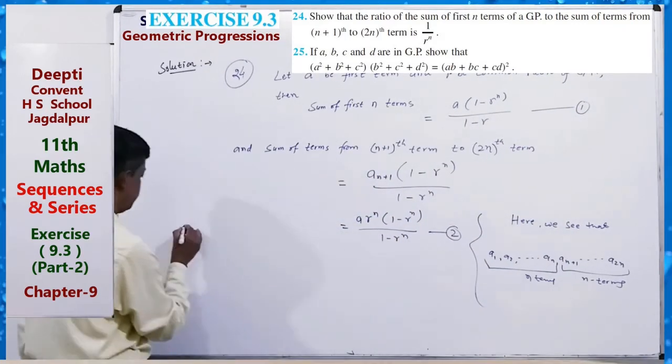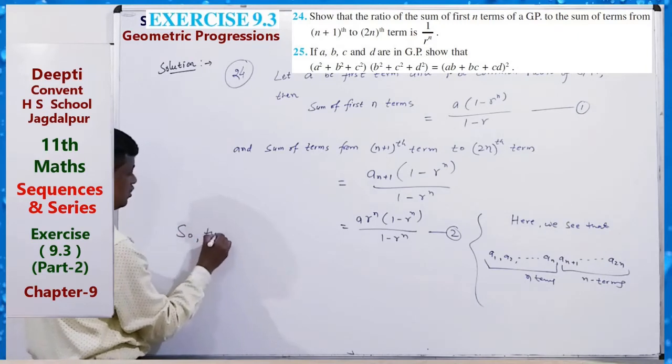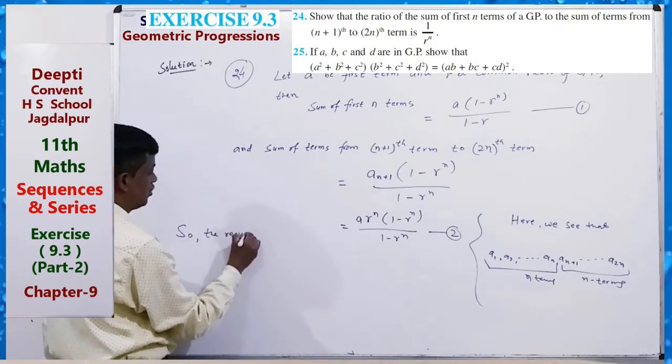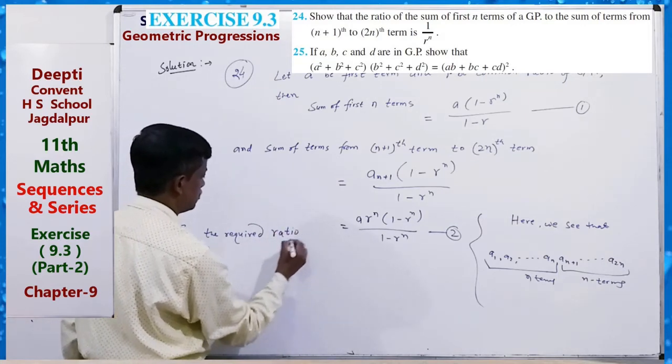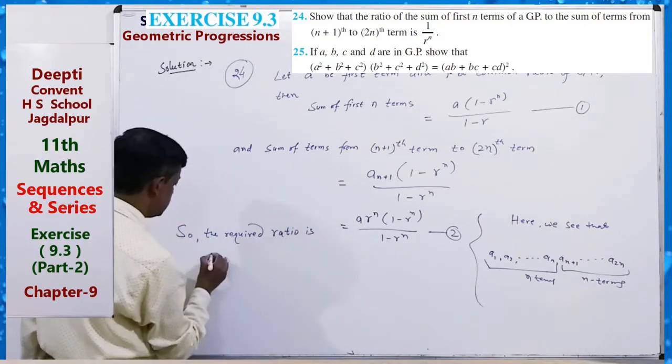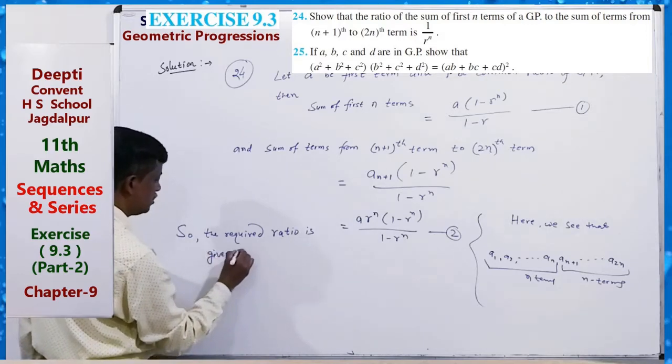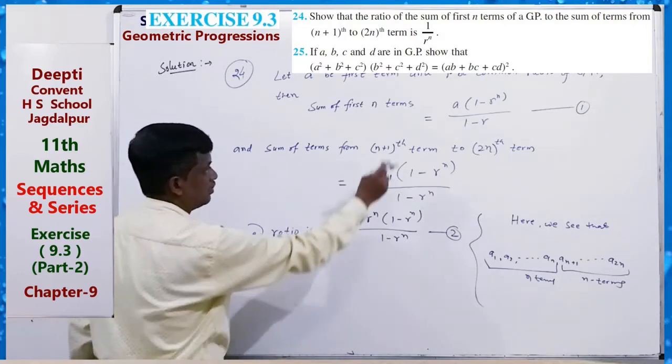So the required ratio is given by this upon this.